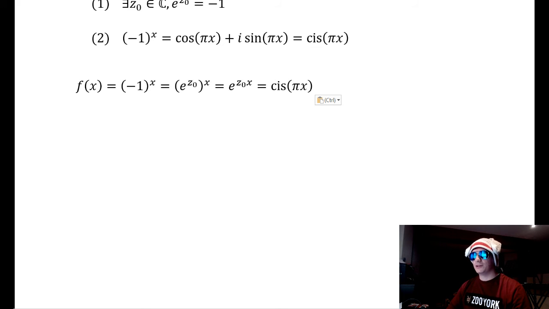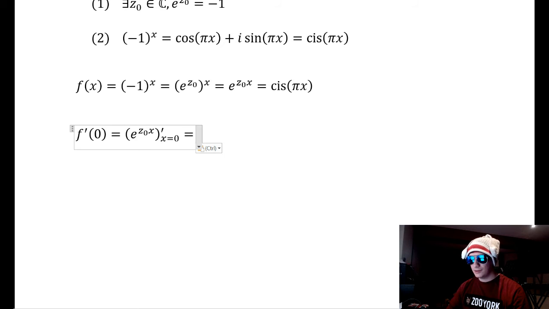If you've paused and pondered for a moment, you may have seen that if you take the derivative at 0 of this function, so f prime at 0 equals the derivative of e to the z naught x, evaluated at x equals 0, which is equal to z naught e to the z naught x at x equals 0.